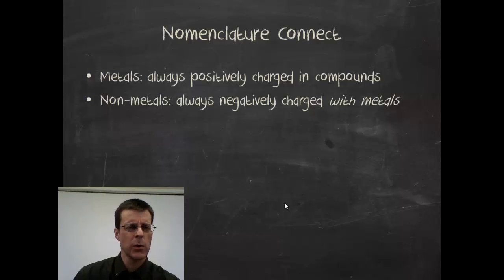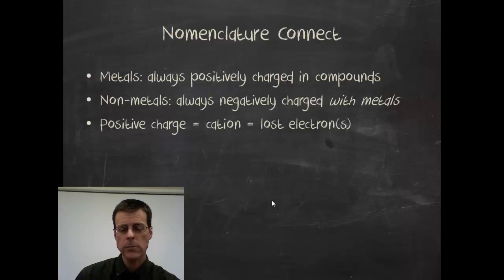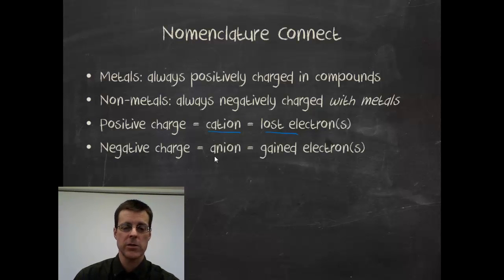A positive charge, the word for that is a cation, and that happens when there's a loss of electrons. So what happens is metals become positively charged by losing electrons, and then they will form compounds. Negative charge, the word for that is an anion, and that happens when an atom gains an electron, or more than one electron.